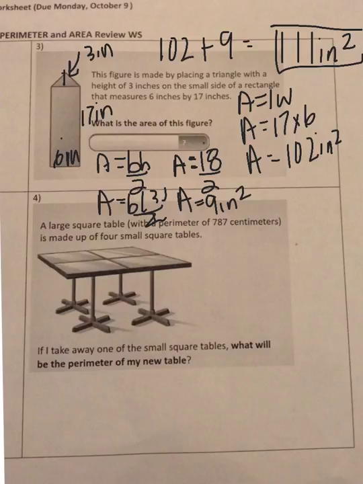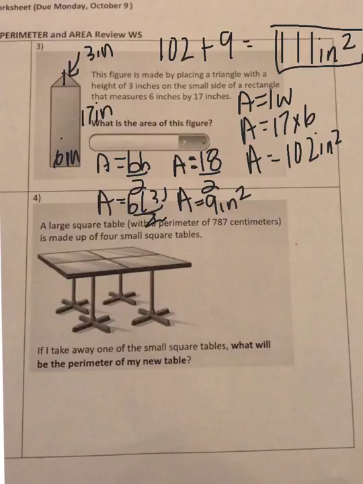All right, number 4, a large square table with a perimeter of 787 centimeters is made up of 4 small square tables. If I take away one of the small square tables, what will be the perimeter of my new table? Okay, so it's a square table with a perimeter of 787 centimeters.